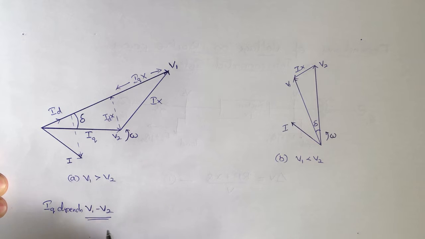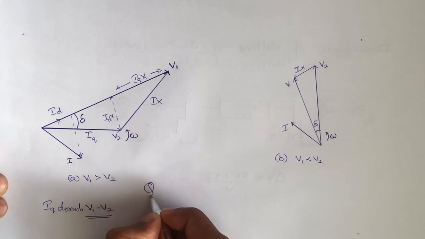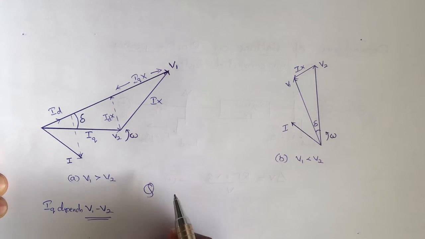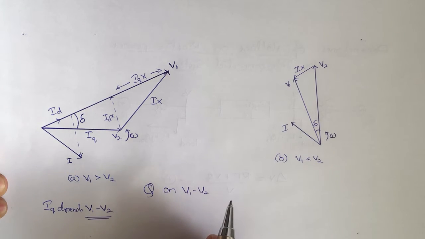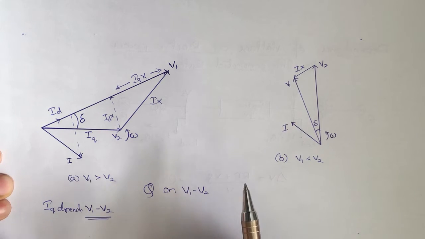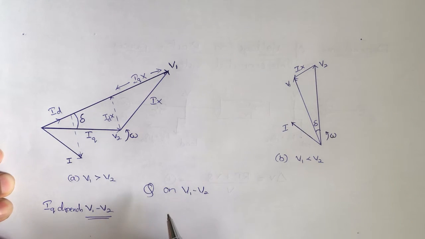Hence, since IQ depends on V1 minus V2, we can say the reactive power Q depends on V1 minus V2, or the voltage difference, for this phasor diagram.